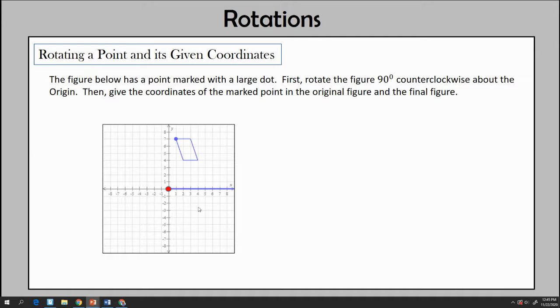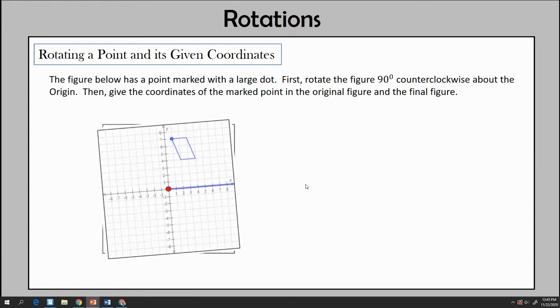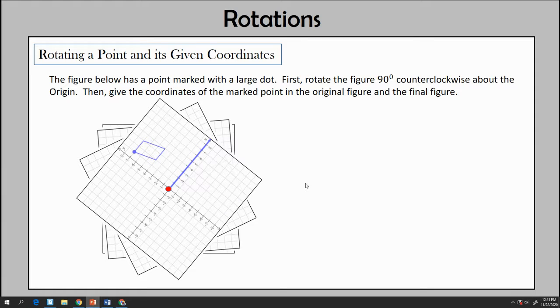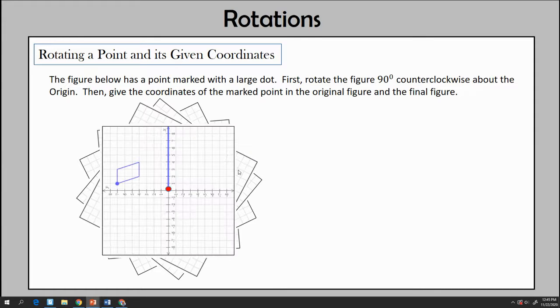So I'm going to show you a version of that rotation. Let's say we got the pin here and I'm going to rotate this slowly up until this blue line is here. That'd be 90 degrees counterclockwise. If I get the blue line moved up here, then the shape rotates down to this position.